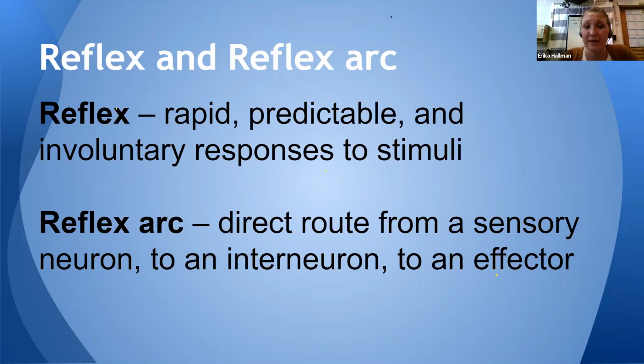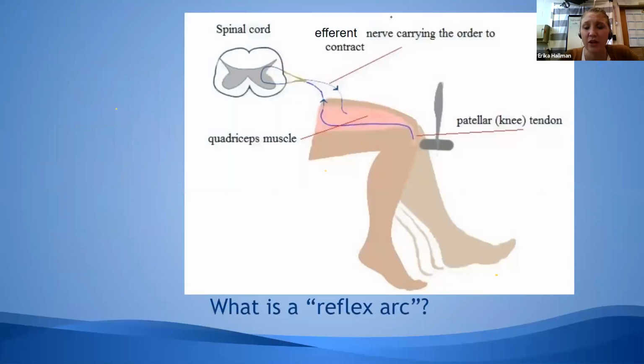That reflex made something called a reflex arc. That reflex arc, as you can see on the slide here, is a direct route from a sensory neuron directly to an interneuron, directly to an effector. So let's take a look at what that looks like. The reflex we just talked about is called your patellar tendon reflex. And that patellar reflex happens like this. You have a sensory neuron that is shown in blue here.